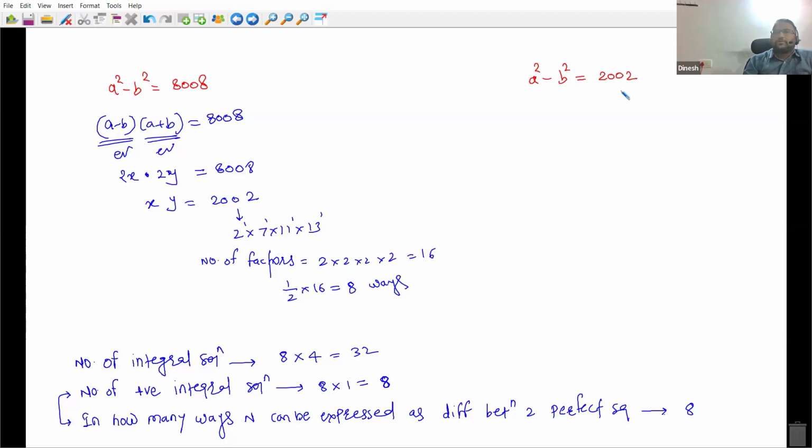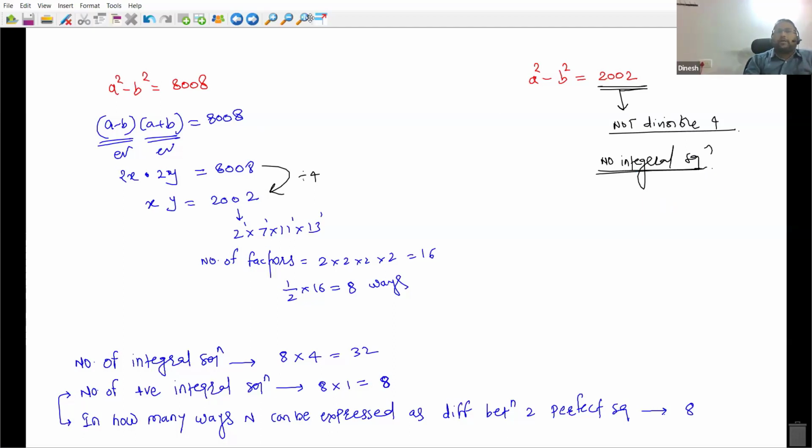Over here, this number is not divisible by 4, okay? We need to divide this by 4 now. This is not divisible by 4. So what does this mean, everyone? There are no integral solutions. Are you getting this?